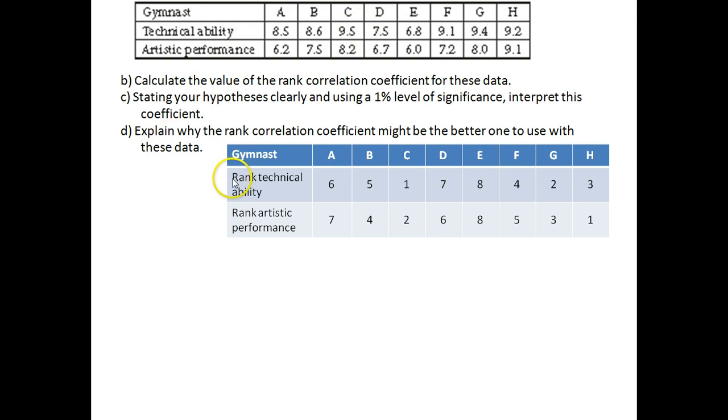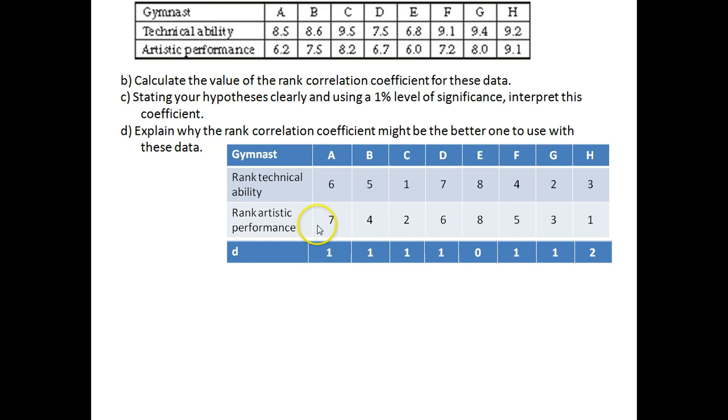Our top technical ability was C at 9.5, then G at 9.4 and so on. Ranked artistic performance, we have our top one as 9.1 for H. Our second one was C at 8.2 and so on.